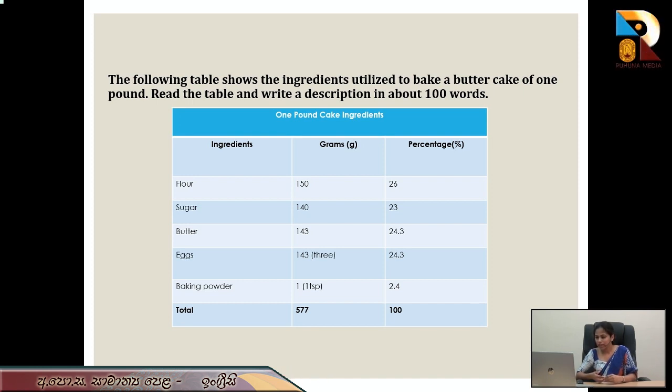And the least used ingredient is baking powder, and it is only 2.4% of the cake. And according to the table, butter and eggs are used in similar amounts, so don't forget to mention that. And you can also say it's 143 grams of each.